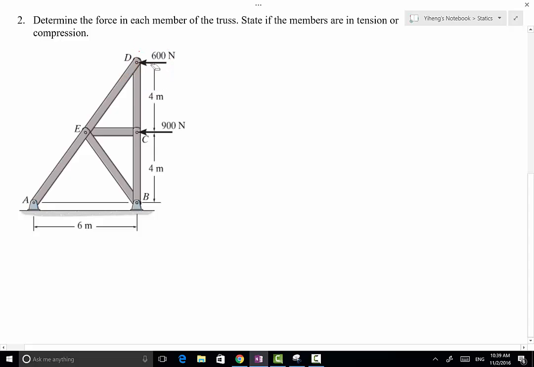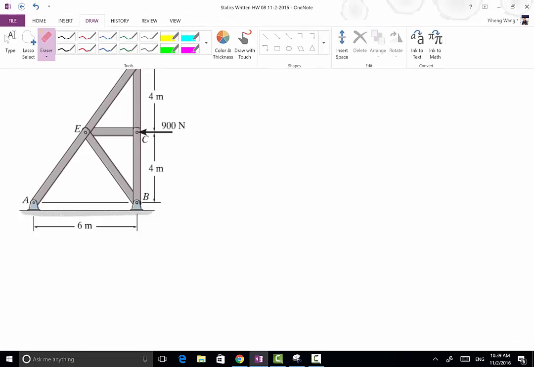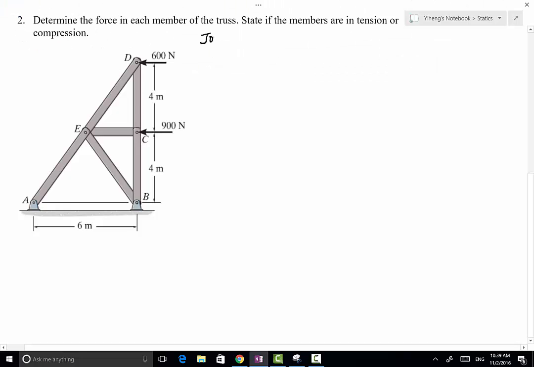So we're going to start our method of joints with joint D. At joint D, we have the known 600 Newton force, and we draw the unknown forces, again, in tension, FCD and FDE.